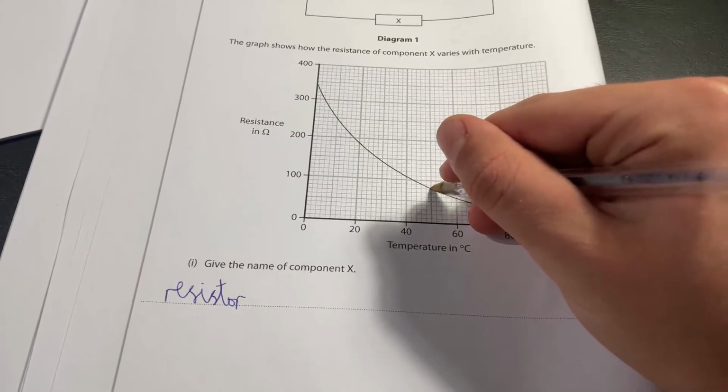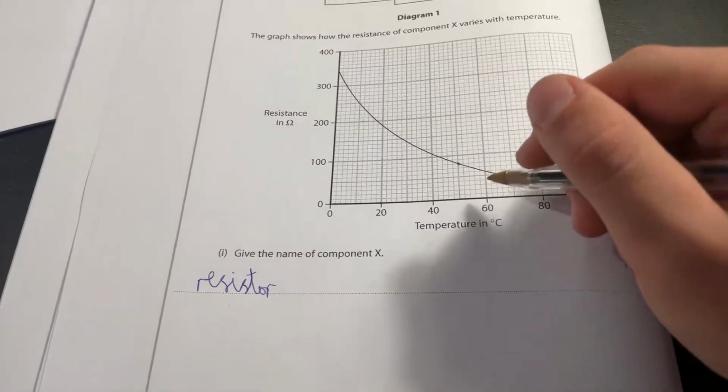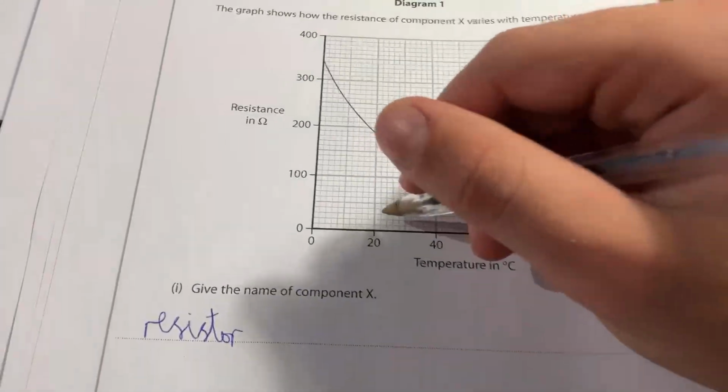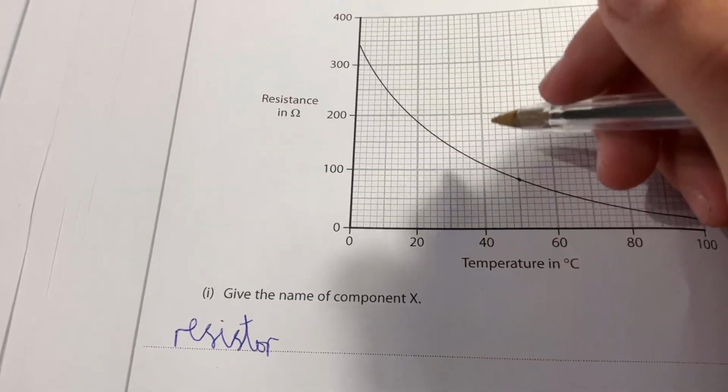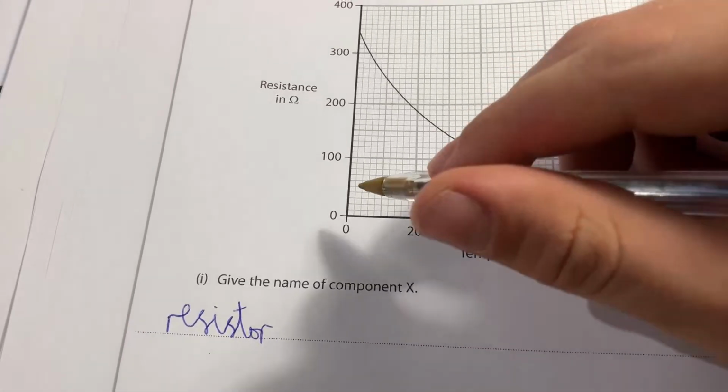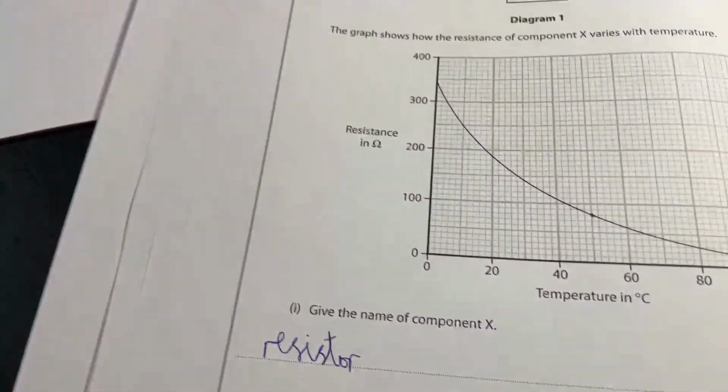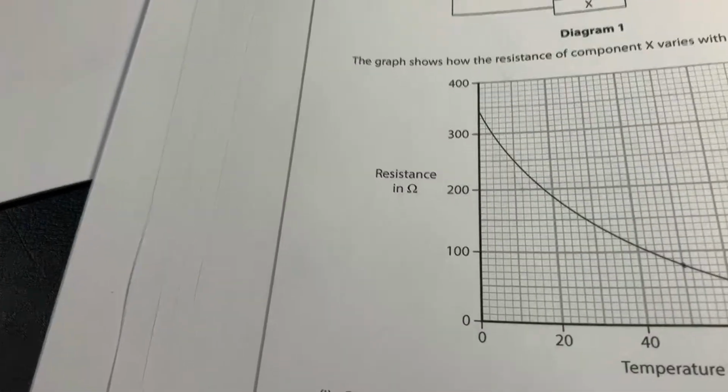So it should be somewhere here. If we just go here, it should be like 80. I don't know what resistance is measured in, whatever it is, there's 80 of it. Sorry, I don't know the name of the units.